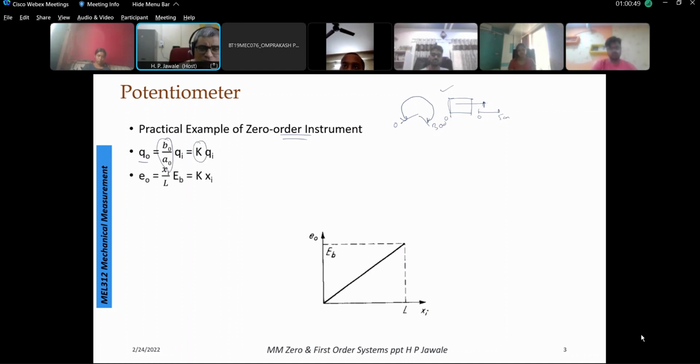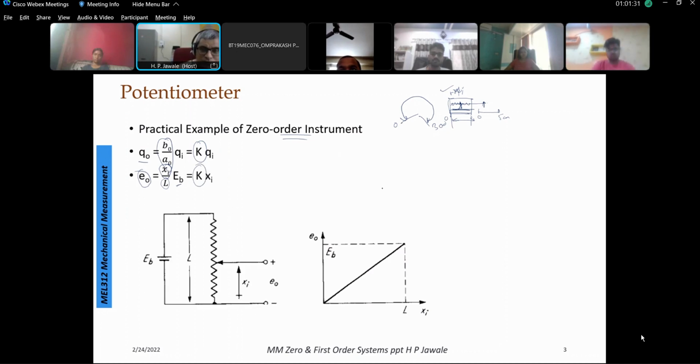In this condition, if xi is the displacement given and L is the total length of the potentiometer resistance over which the slider is going to move, and xi is the instant at which the slider touches the resistance, then the output EMF or output voltage generated will be xi over L times the applied voltage, which is nothing but K times xi.